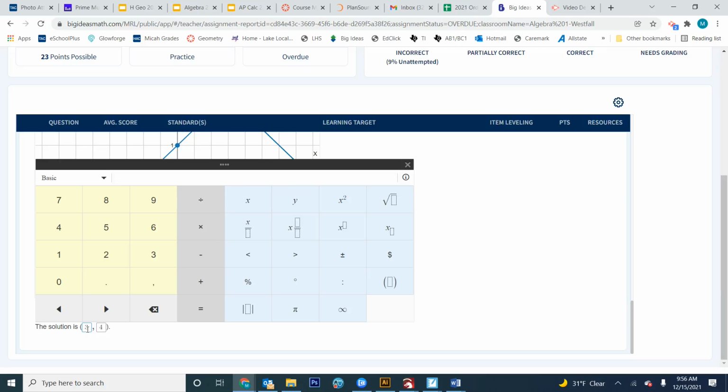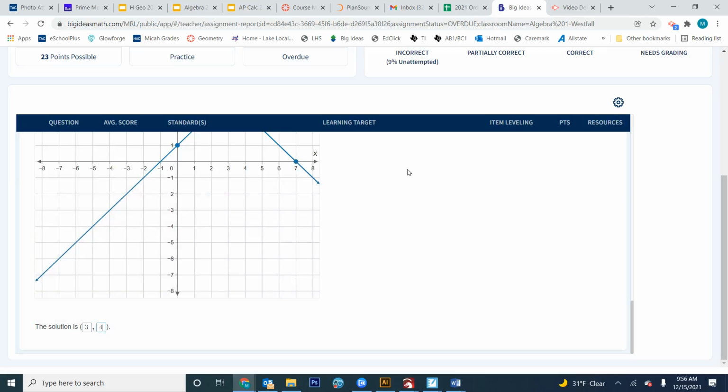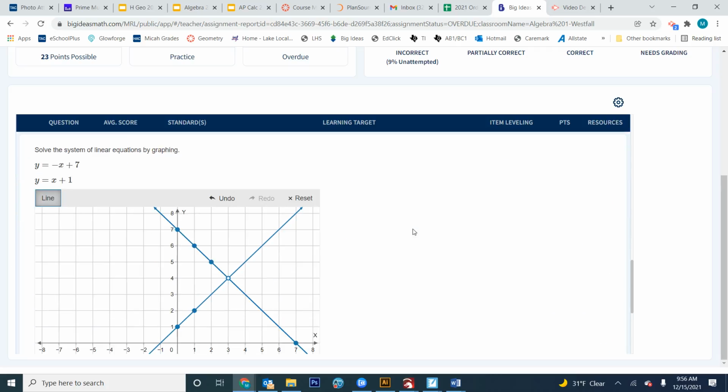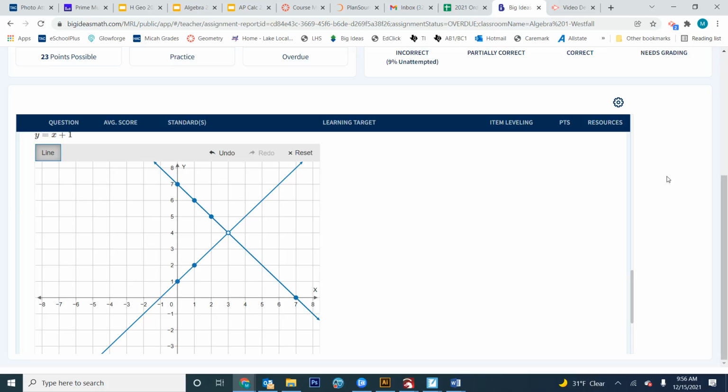Okay? Now, you guys look at your computers a second. How come it doesn't have the resources over there? That's weird. It just doesn't because it's not live. Don't you guys have resources right here? Can you please open it to the test?